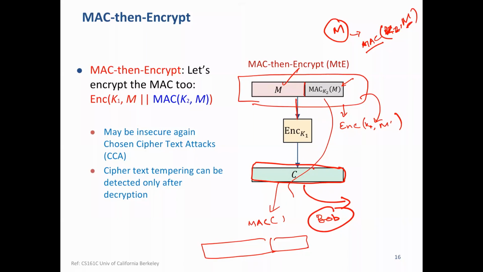And if Mallory is doing a man in the middle attack, and she is able to corrupt this C, and we know that nothing goes here along with C, right? Now the protocol will require first decrypting this, and then checking whether it has been corrupted or not. So it's a little complicated process.